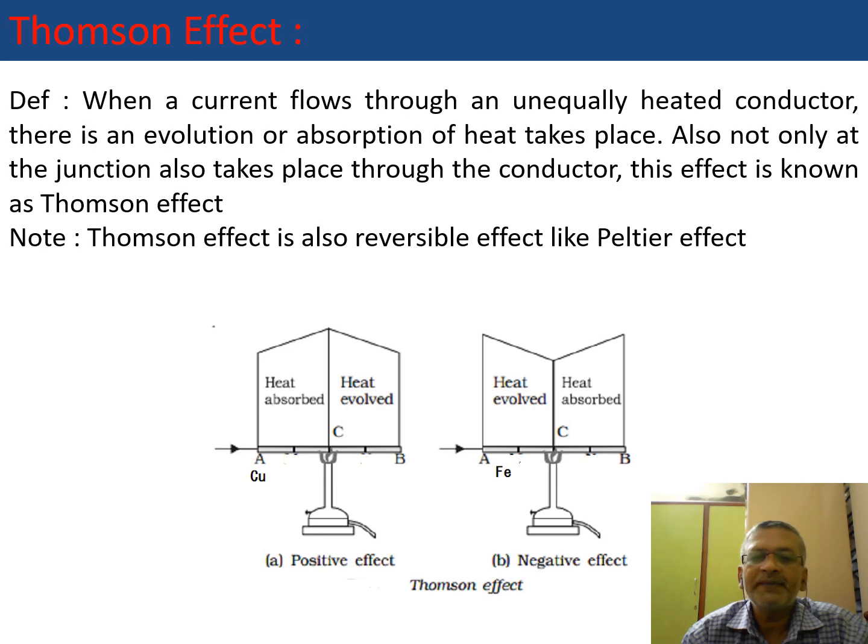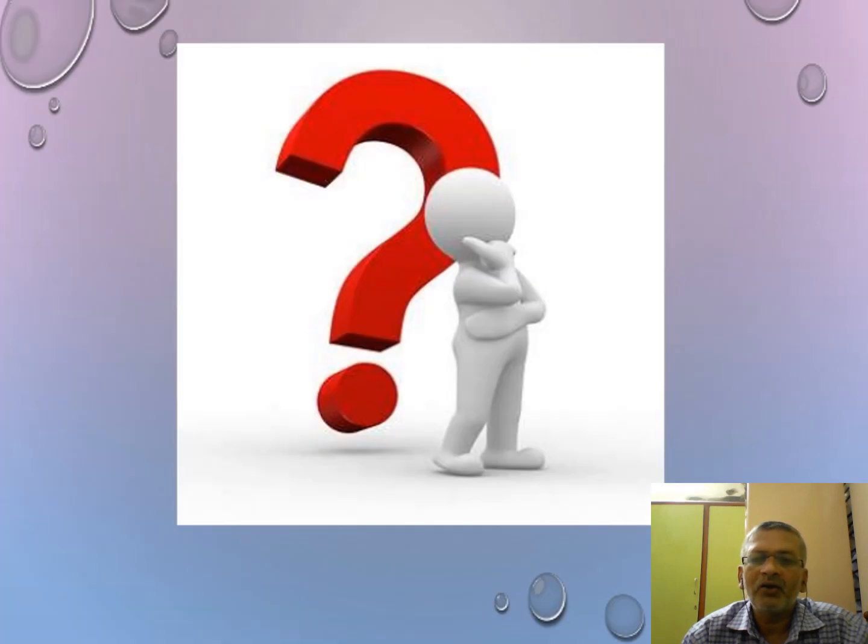Therefore, copper exhibits the positive Thomson effect and iron exhibits the negative Thomson effect. If you reverse the electric current, the hot and cold ends reverse, and hence the Thomson effect is also a reversible effect like the Peltier effect. Hence all laws of thermodynamics are applicable to the Thomson effect also.